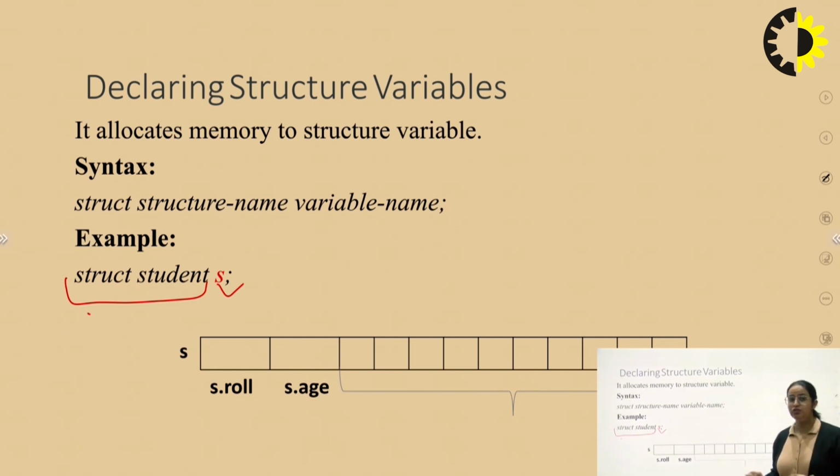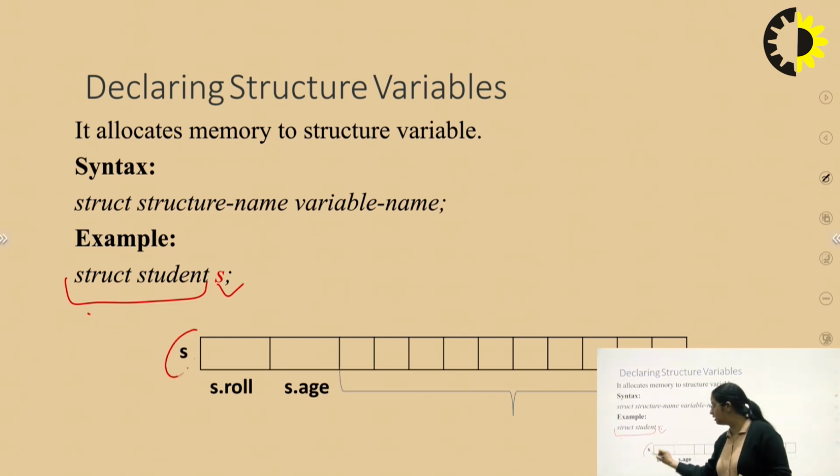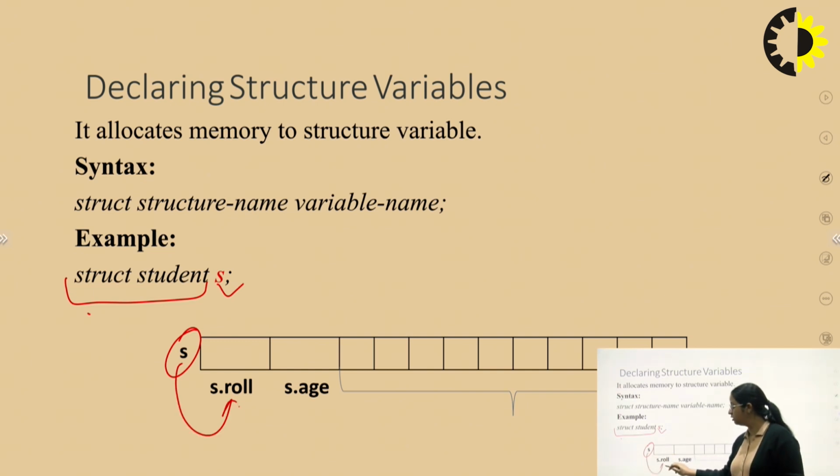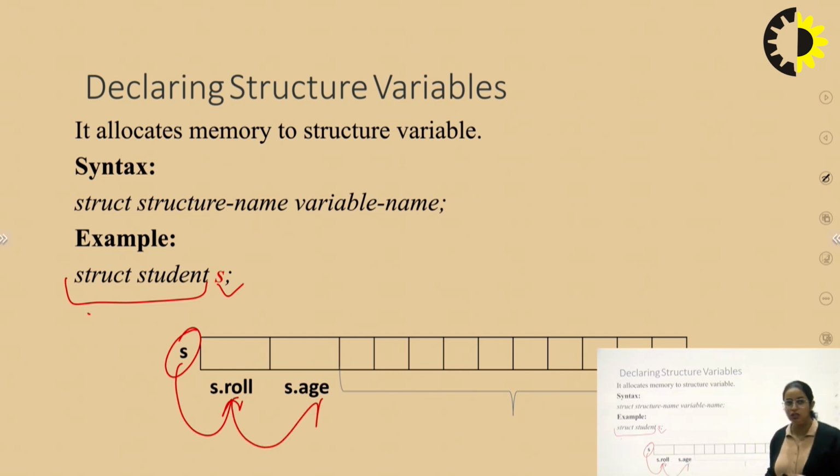Okay, so in a structure, in a single memory block, we are using separate blocks, or you can say in a single variable name. In this single variable name, we are going to store the roll number, that is of integer type, age, that is again of integer type, and then the name, that is of character type.